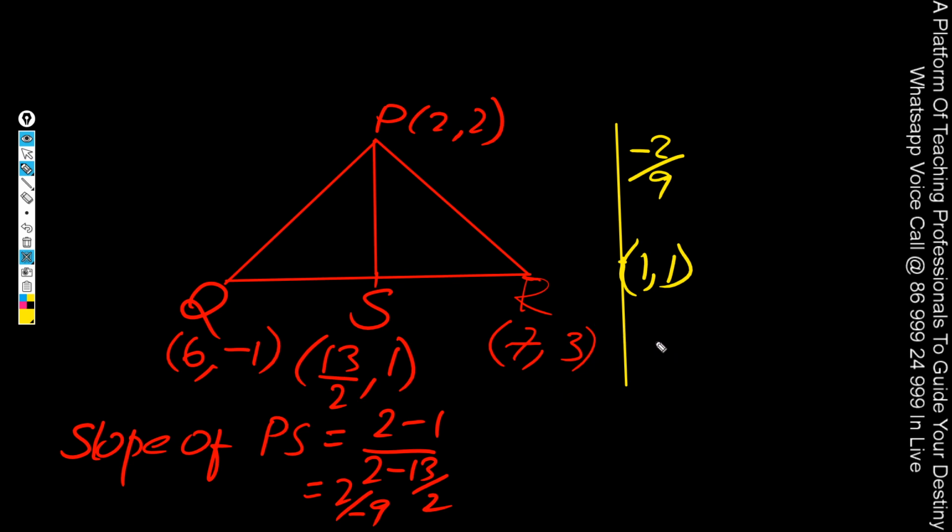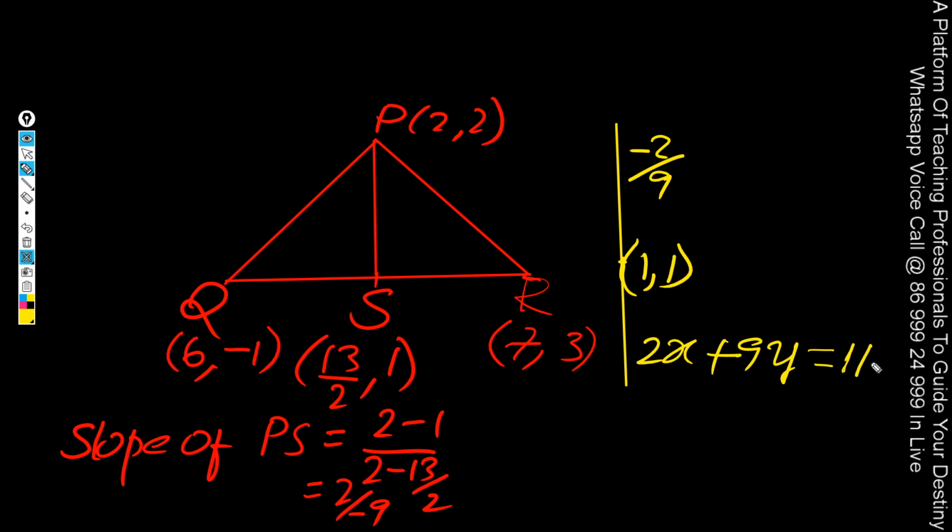Multiply the numerator with x and the denominator with y, and whatever the sign is there for the slope, reverse it, equal to, substitute the point, 2 into 1 plus 9 into 1, 11. So the answer is 2x plus 9y is equal to 11. 2x plus 9y is equal to 11 is the final answer.